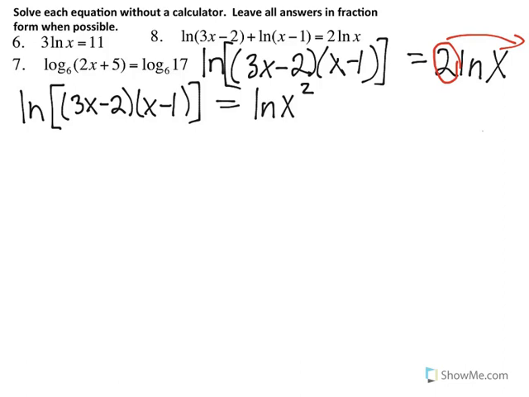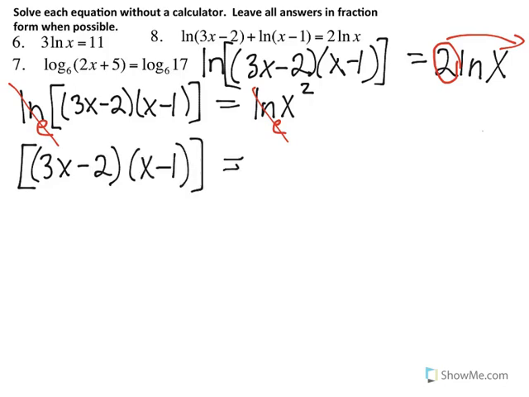Check. When I have a single log on either side of the equation and they have the same base, natural logs always have a base of e, by one of my properties of logarithms, I can drop the natural log and keep everything else. I can keep the 3x minus 2 times the x minus 1 equals, and I keep the x squared.